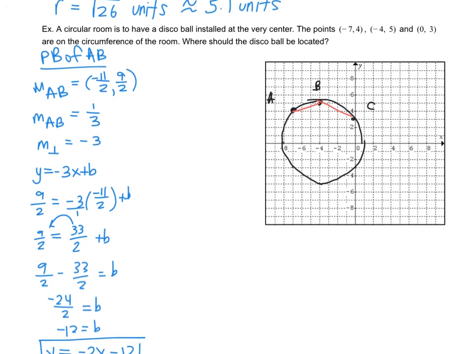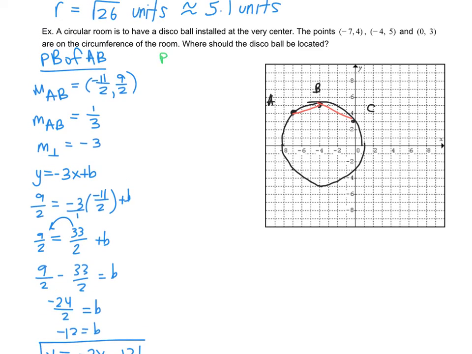Now, let's do our next perpendicular bisector of BC. So hopefully for the midpoint of BC, you got -2, 4. For the slope of BC, -1/2, which makes the perpendicular slope +2.